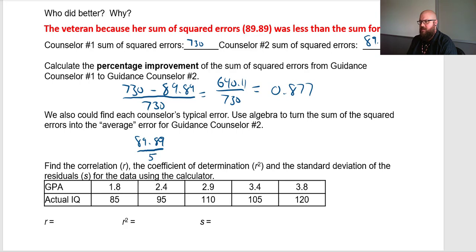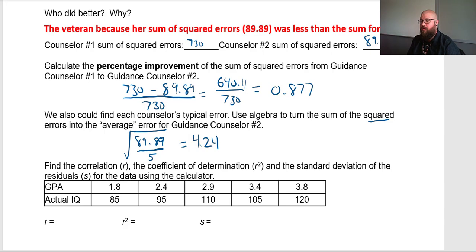What is the typical thing we're talking about here? Squared errors. So we would need to take the square root of that value to find what we're looking for. And this should come out to be 4.24. So in which case, this means average error for guidance counselor number 2 was 4.24.